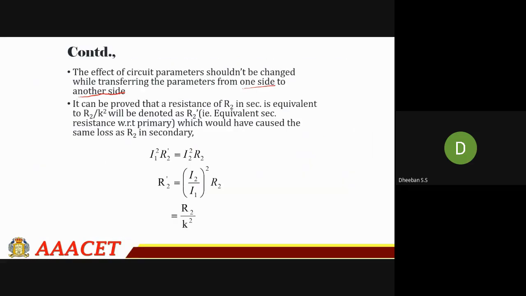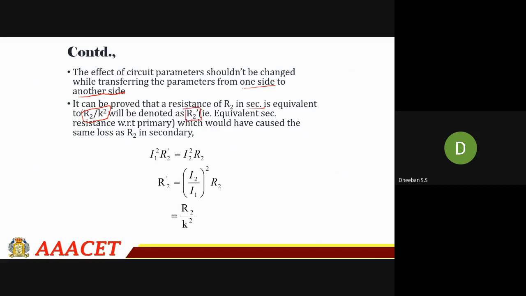So that's what they have said in this point. It can be proved that the resistance R2 in your secondary is equivalent to R2 by K square, which will be denoted as R2 dash.